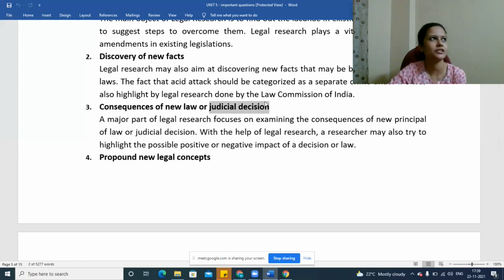Okay, judicial decision, any latest decision you can think of? Maybe, I guess, one consumer protection. Ma'am, can we say demonetization? Demonetization, it's not. Yeah, GST.